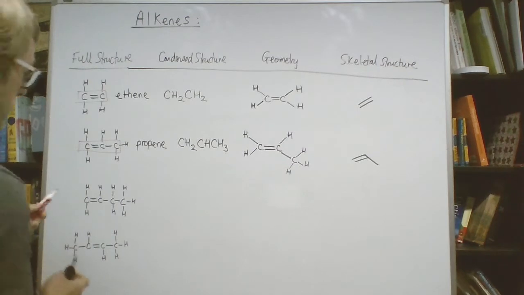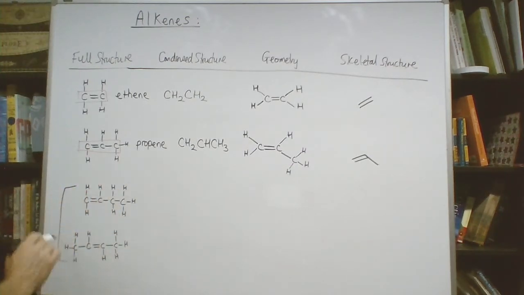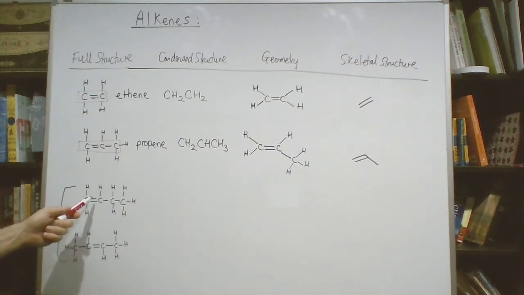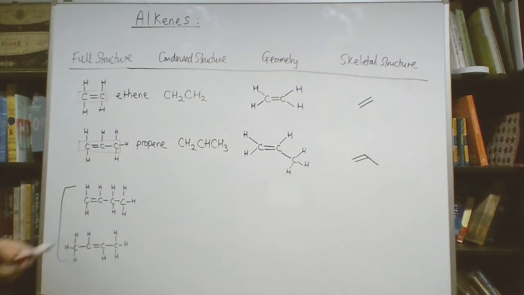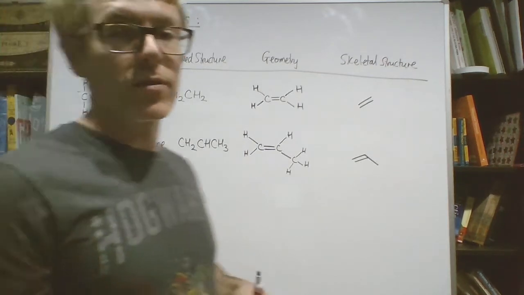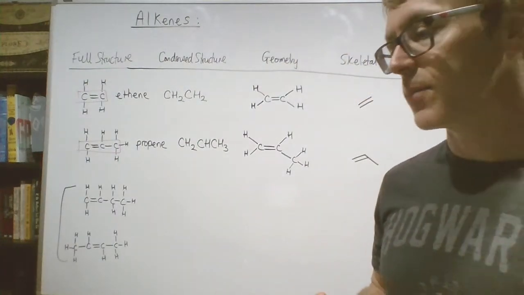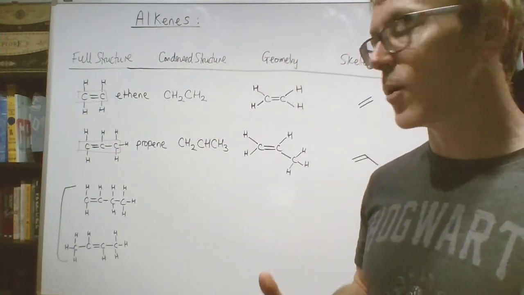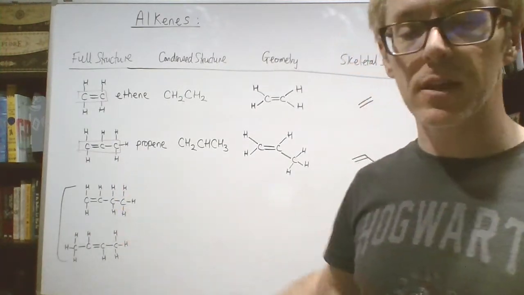Now if you look at these two, they both contain 4 carbons, but in the first example, I have the double bond between carbons 1 and 2, and in the second example, I have the double bond between carbons 2 and 3. So there's going to be a richer need for naming, or our language has to incorporate the apparent subjectivity of where this double bond is.